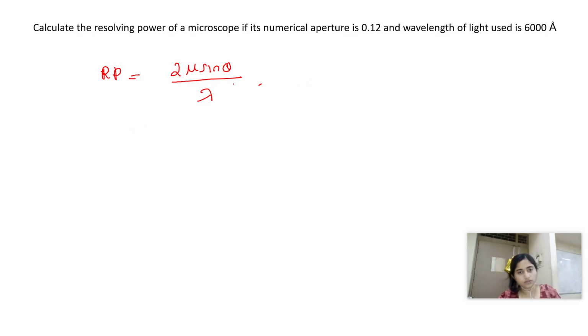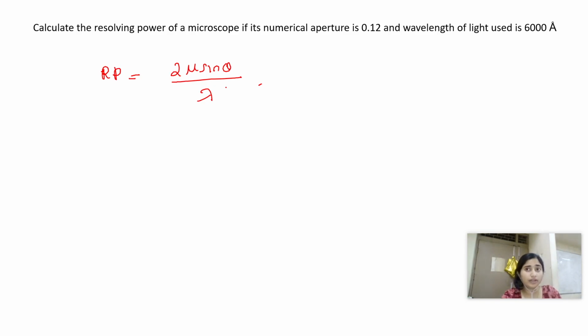Here also all the values are given, you just have to substitute. How many formulas are there? There are 2-3 formulas related to this. You have to learn them by heart. Because lenses are a very complicated system, for each type there will be different formulas.